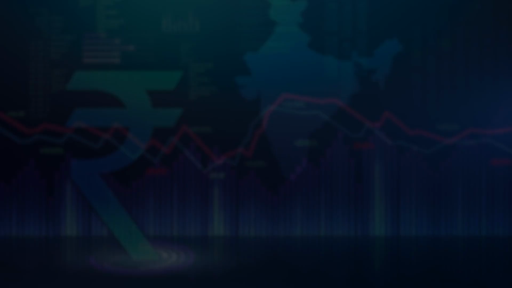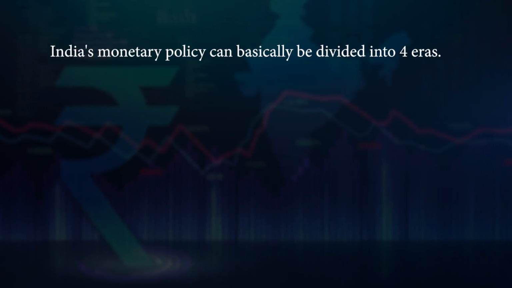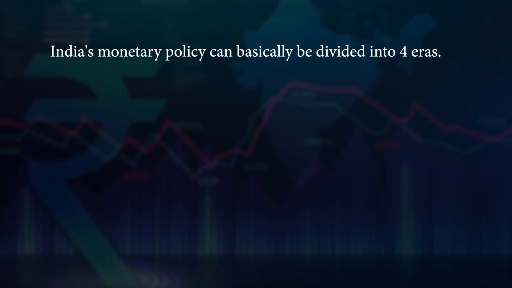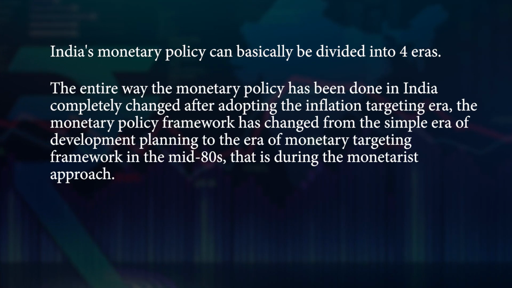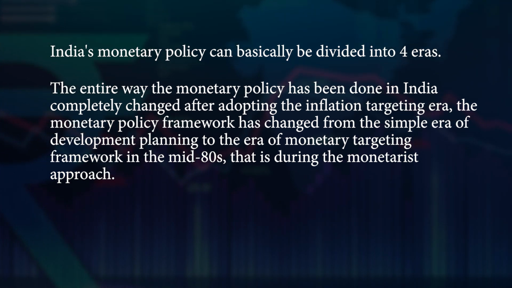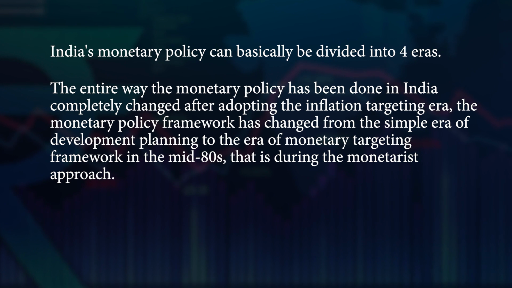Thus, we come to the end of this module where we see that India's monetary policy can basically be divided into 4 eras. The entire way the monetary policy has been done in India completely changed after adopting the inflation targeting era.